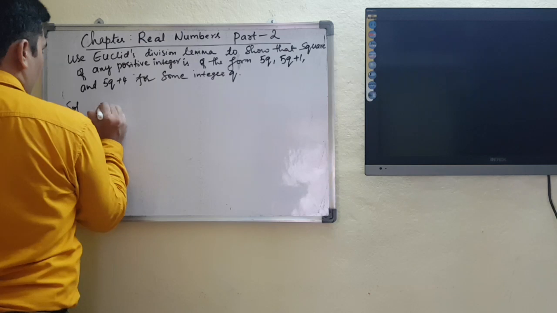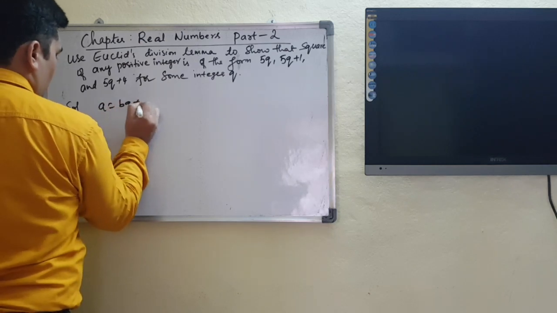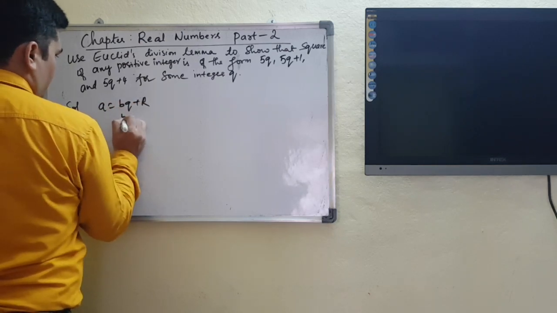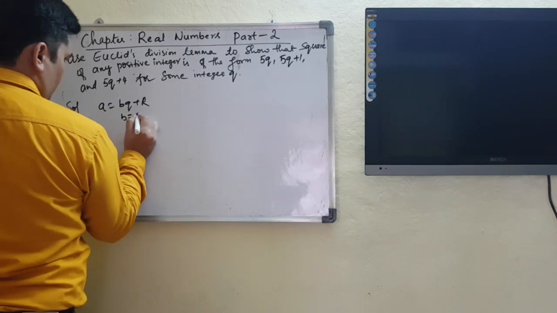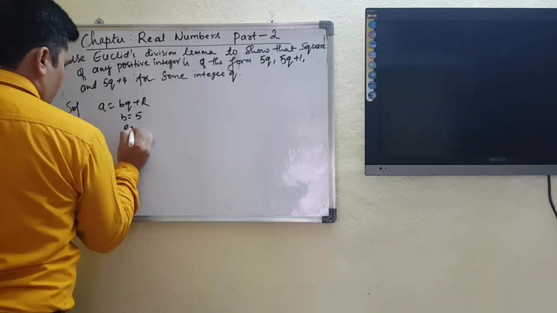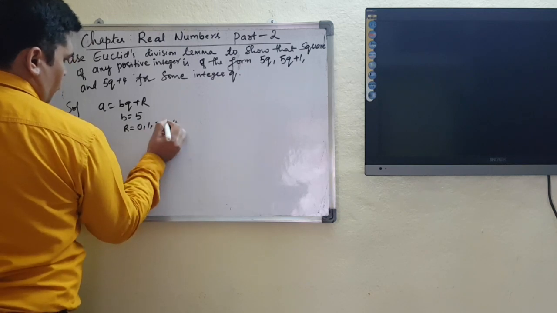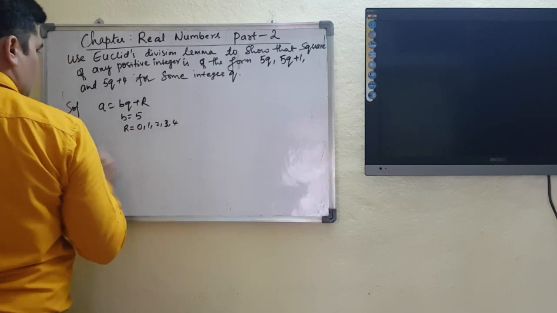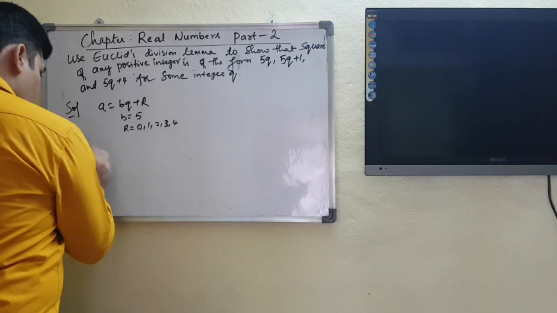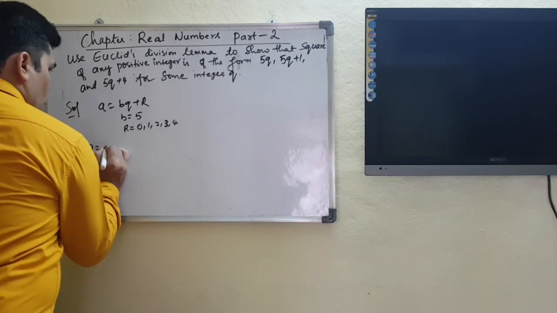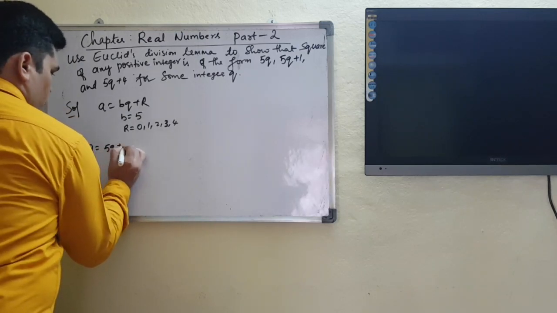What's the formula? A equal to bq plus r. Now here b is considered as 5. Since b is 5, the remainder is 0, 1, 2, 3, 4. Right? So again using one by one, a equal to 5q plus 0.